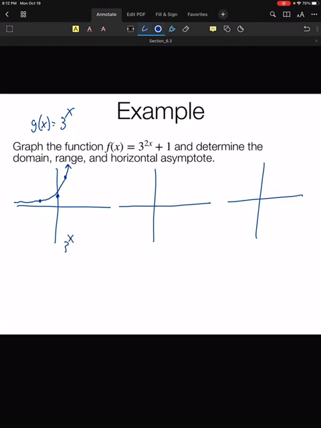Now we take the second part, which is 3 raised to the 2x power. Now this is the only part that I didn't talk about last time. When I have a number in front of the x, what that does is called a horizontal stretch.